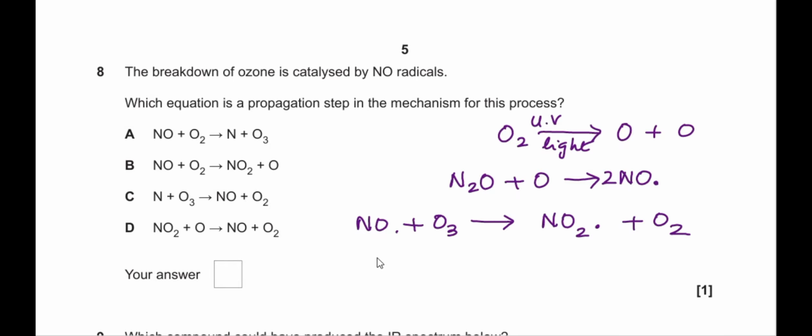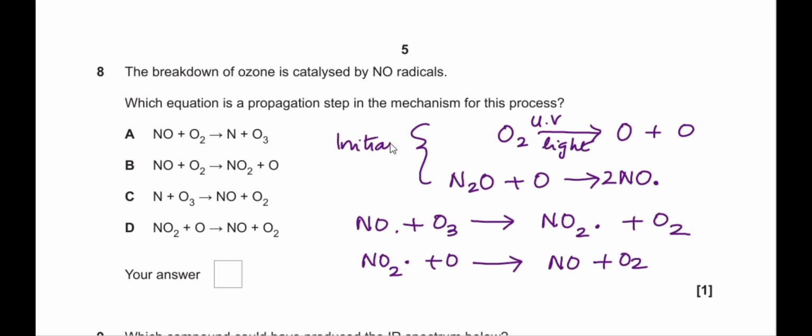In the second propagation step, these NO2 radicals react with oxygen atoms to regenerate the nitric oxide plus oxygen again. So these 2 are initiation steps and these 2 are propagation steps.